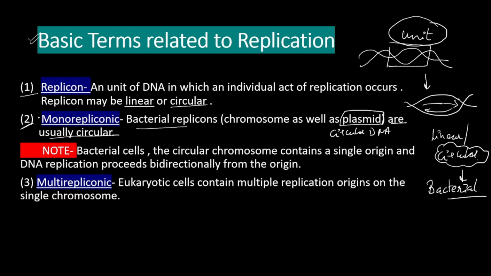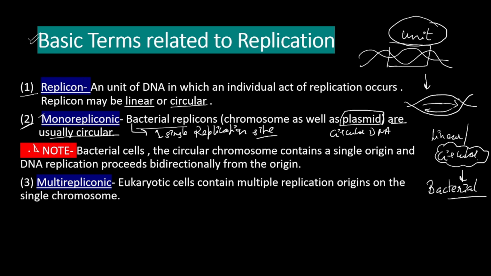What do we mean by mono? Replicon is a unit and mono means single. So in case of bacteria, there is only a single replication site at a time. That is the meaning of monorepliconic.